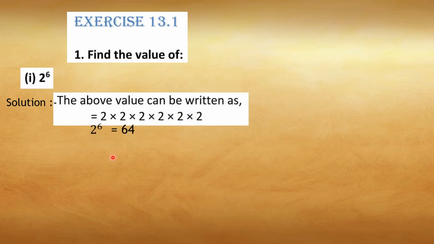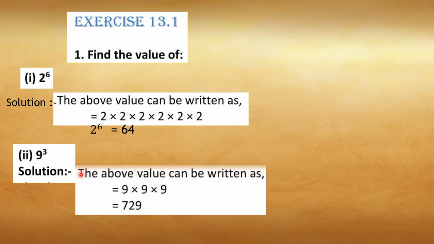So 2 raised to the power 6 is equal to 64. Similarly, 9 raised to the power 3 means 9 multiplied 3 times, which gives 729. So 9 raised to the power 3 is 729.